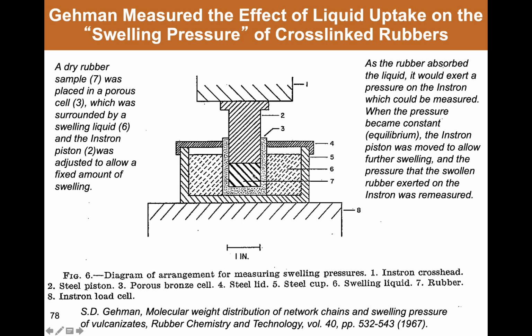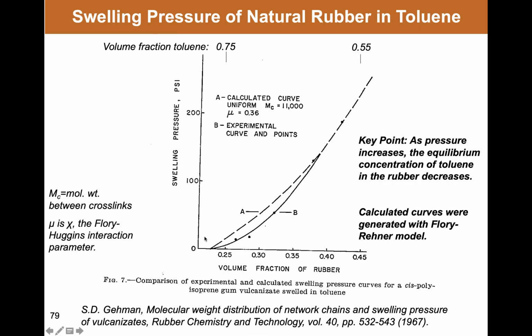And so what Gaiman was doing was allowing the solvent to imbibe into the polymer as it wanted, and then measuring how much pressure that induced with this Instron. And then he would move the Instron piston a little bit, and that would reduce the pressure that the membrane was experiencing. That would mean that the chemical potential of the penetrant inside the polymer was lowered, and the sample could then absorb more penetrant. And he reported these results in the following way.